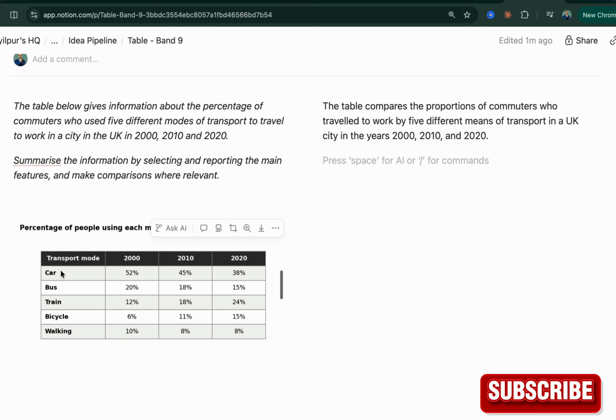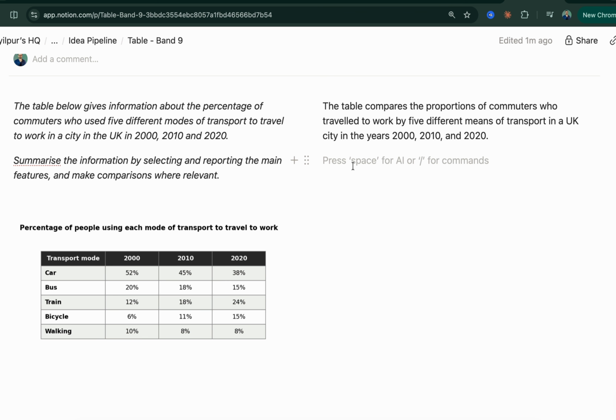Look, I've got car, bus, walking decreasing, but train and bicycle both increased. And I could say it was a substantial increase, because train increased around twofold, from 12% to 24%, and bicycle from 6% to 15%. These both are substantial increases. Now, let me write my overview.